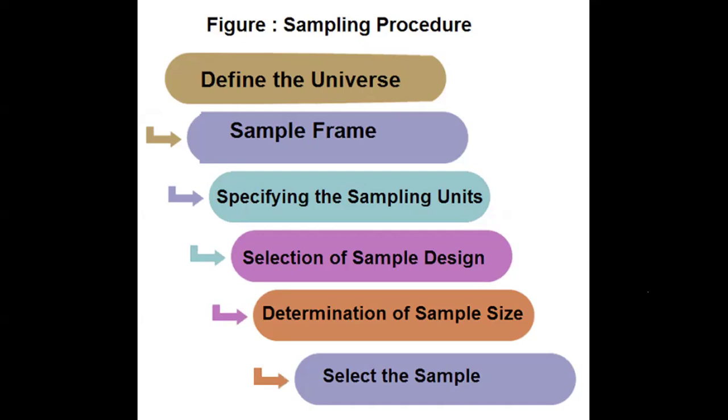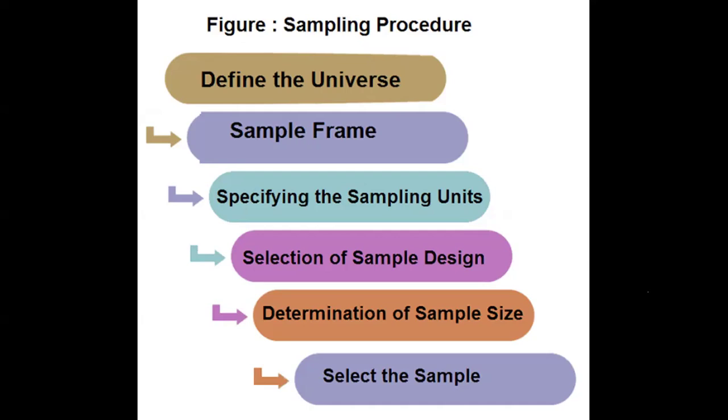Sampling units refer to the data, and that also helps you define the types of your variables and types of data, and the way to gather that data. Then comes the sampling design, the sampling method you are going to use, and the sample size that is more appropriate to your research. All these things need to be clearly defined in your research.